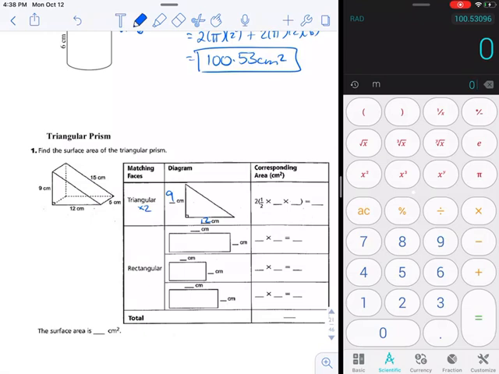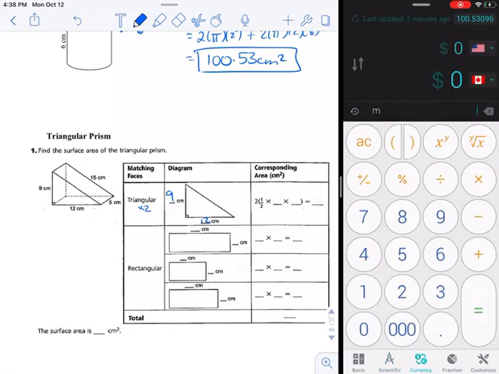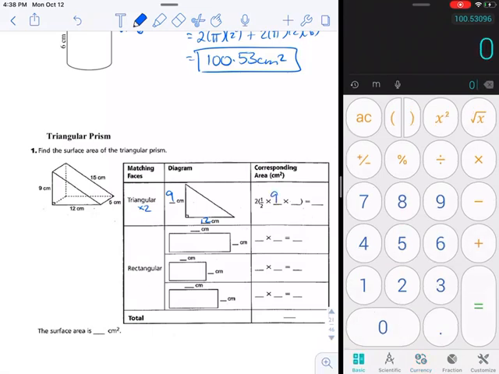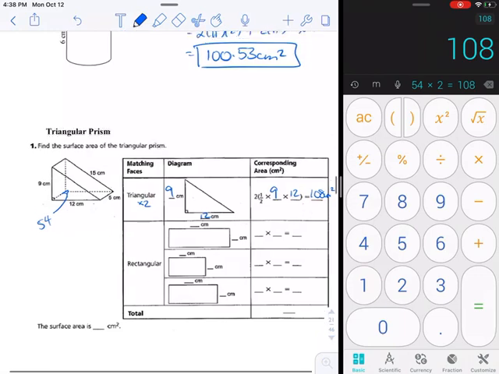So 9 times 12 equals that, and we divide it by 2 to get the surface area of one triangle. But we have two of them, so we multiply by 2 and we get back to where we were. So that's 108 centimeters squared.